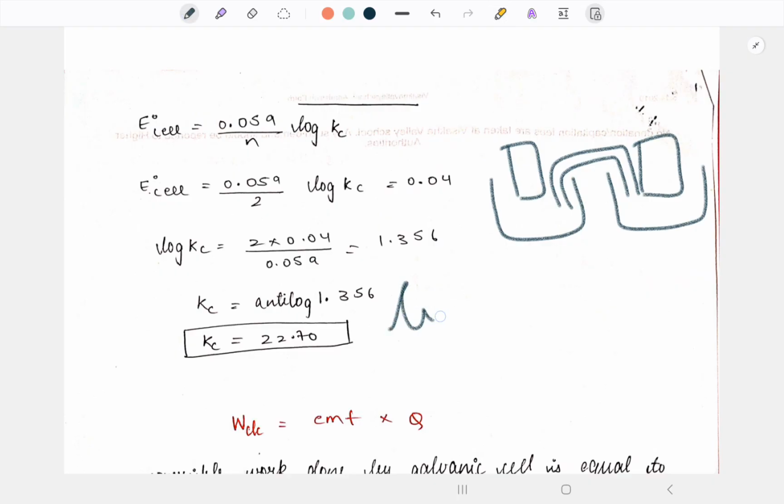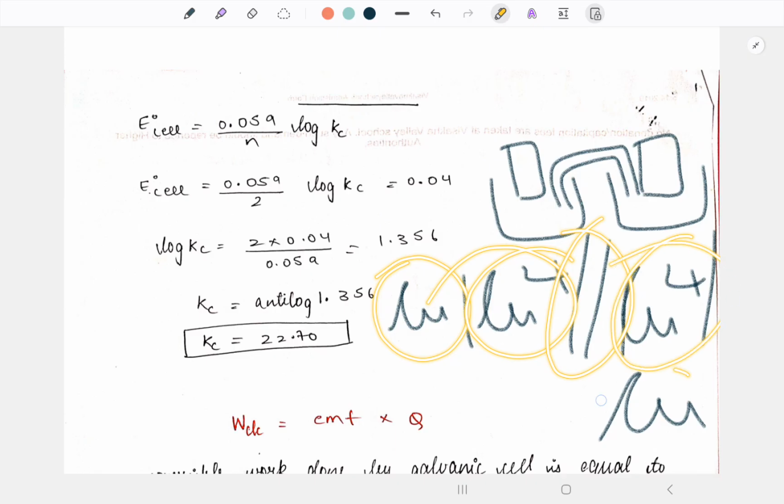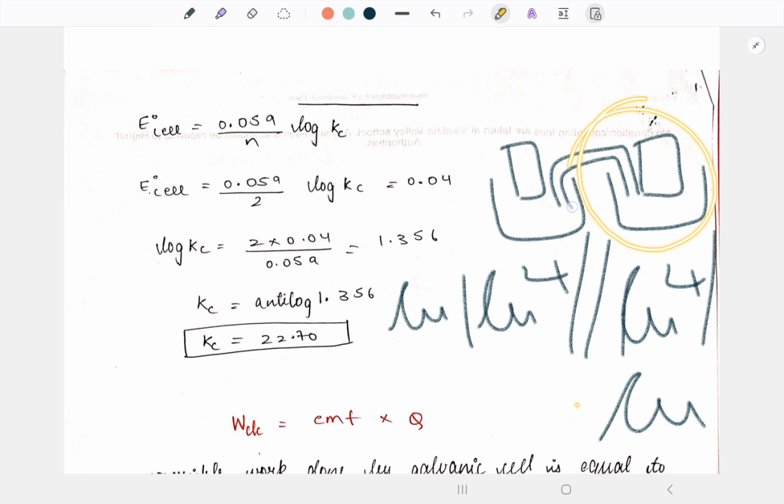The cell representation can be in this form: Cu/Cu2+, salt bridge, Cu2+/Cu. So here the electrode placed in high concentration acts as the cathode, and the one placed in low concentration will act as the anode. So this is the whole construction of concentration cells.